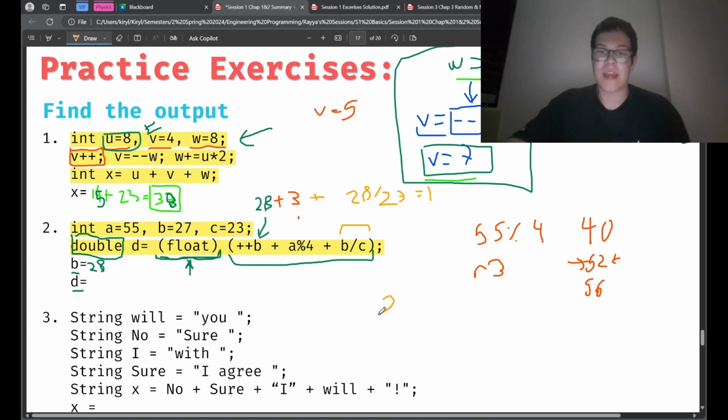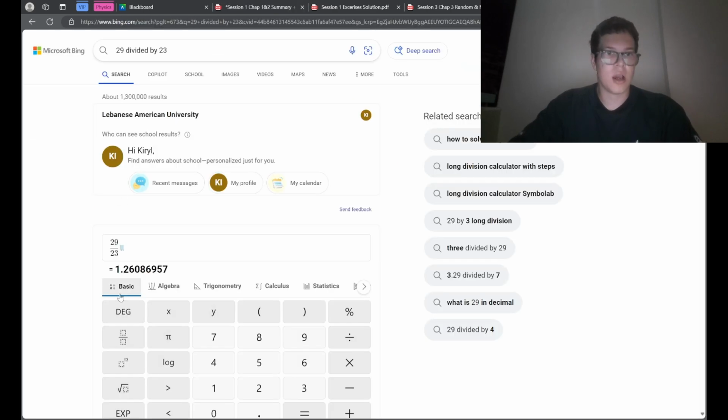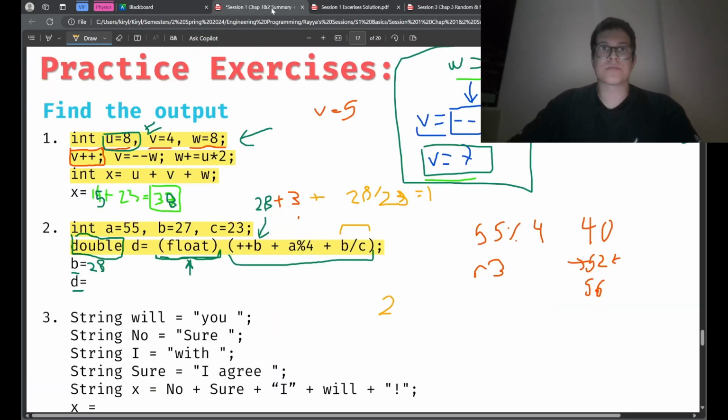What if any of those was either a double or a float? Then I would have had the division that we know, and I would have had to work out what 28 divided by 23 is, which is around 1.26 something.